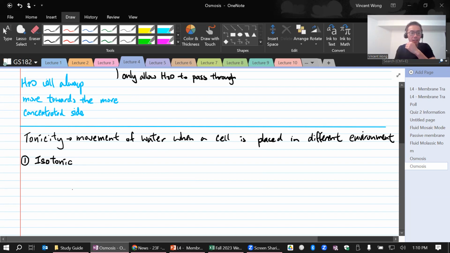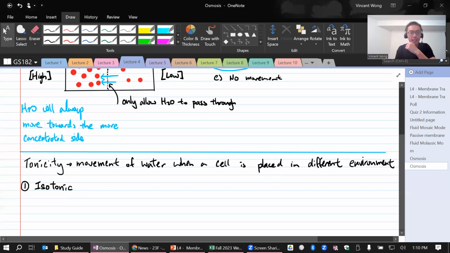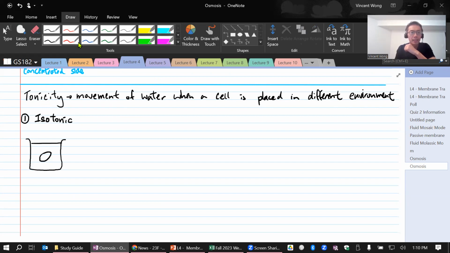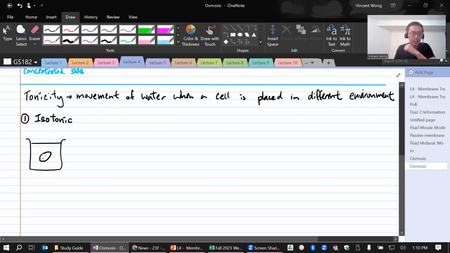So in this case, we are going to have a cell, and we're going to put it in a beaker. The concentration on the inside is the same as the outside.